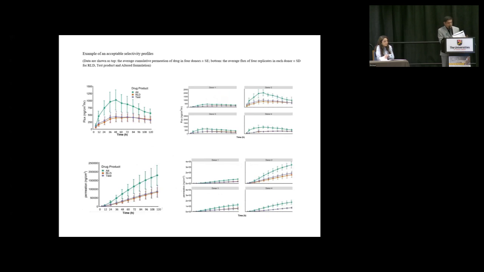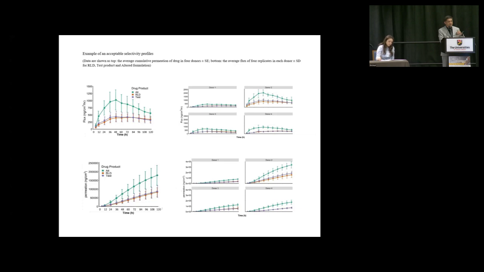The next data set we see here is regarding selectivity, and this data set represents a sufficiently selective drug flux profile. Qualitatively, the altered dose, represented by green color, when plotted against the standard error bars, shows sufficient discrimination.